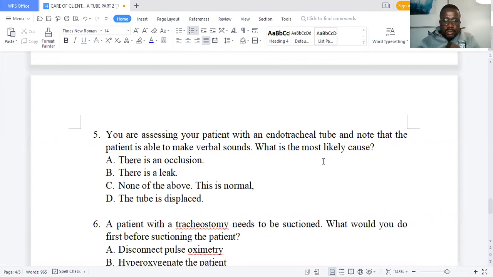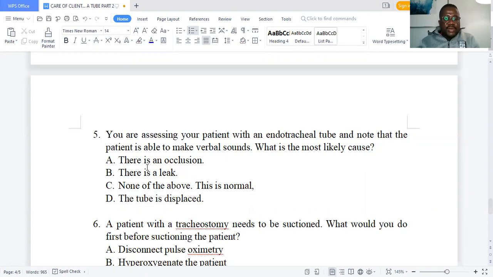It's not supposed to happen. If it does, then there is a problem. And what is that problem? That is what this question is asking. What is the most likely cause that a patient is making verbal sounds while on an endotracheal tube?